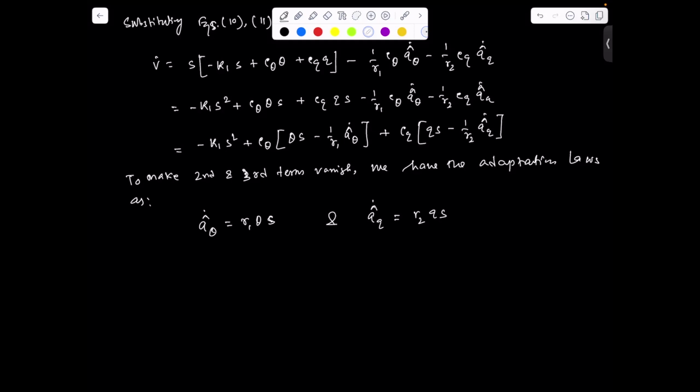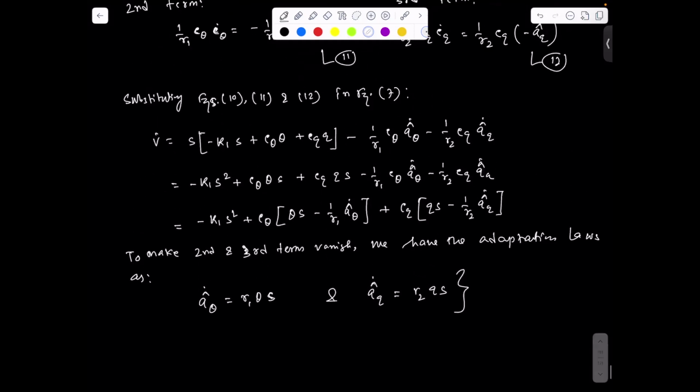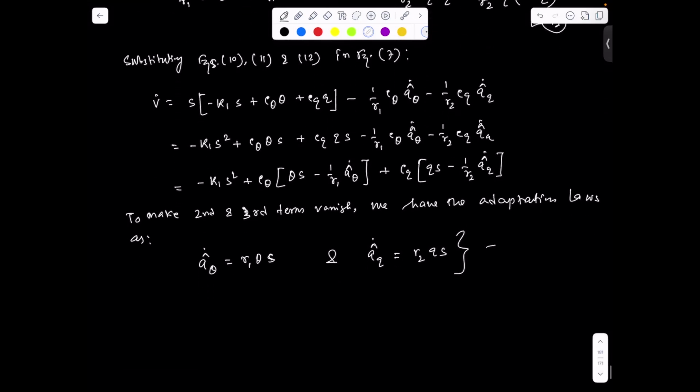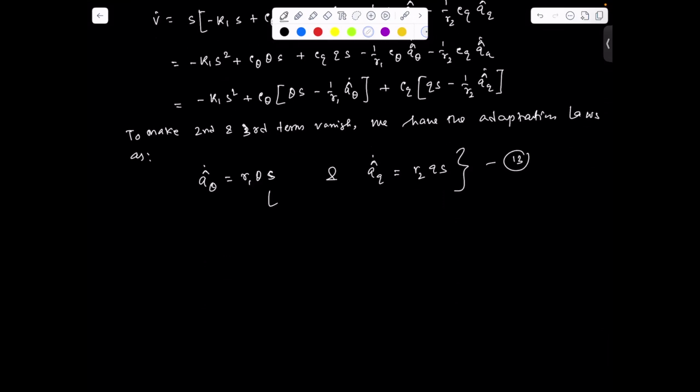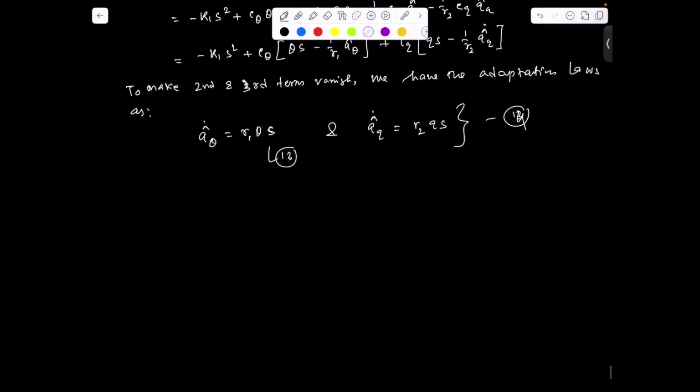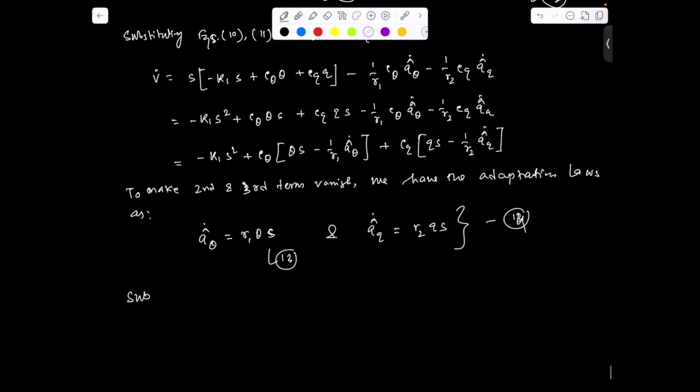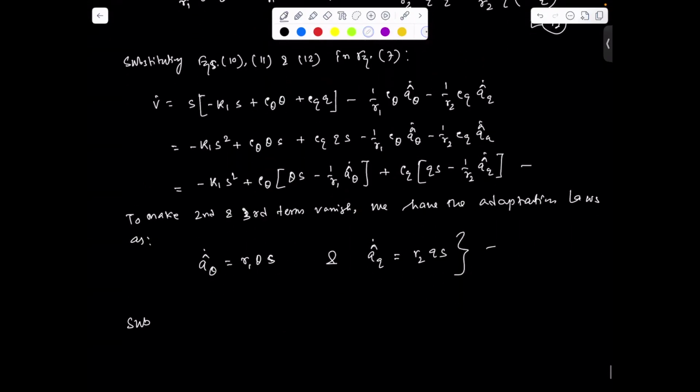So now this is equation number 13, this is 14 and this is 15.